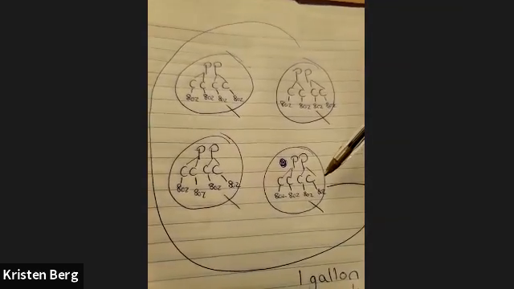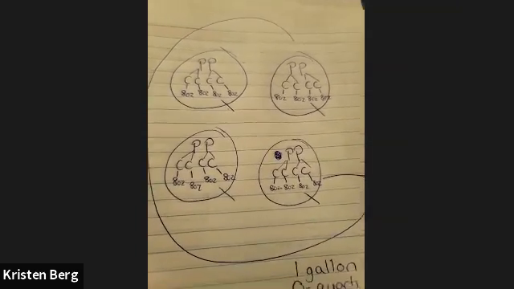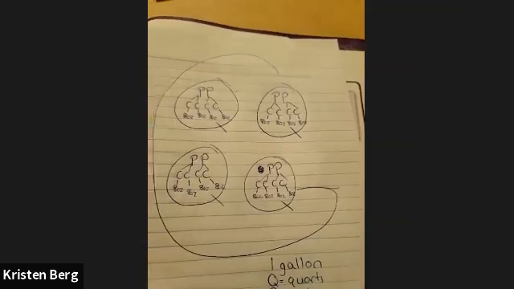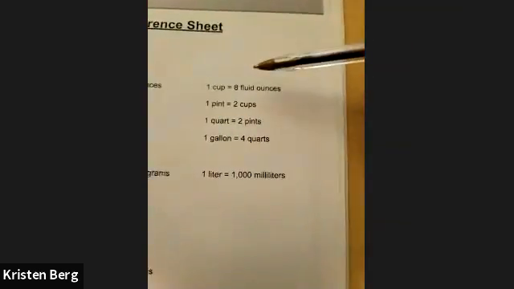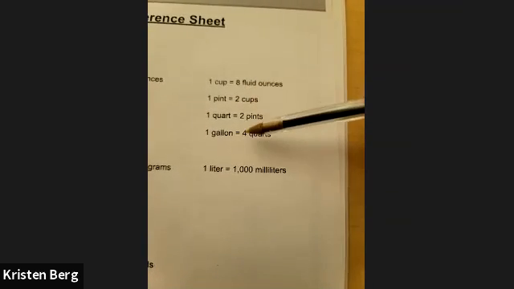This is something that you should definitely memorize for the state test, just in case you get it. On your reference sheet you do have it, but they only give it to you like this, which is awfully confusing.